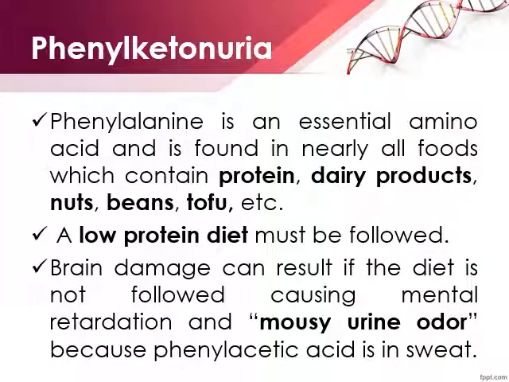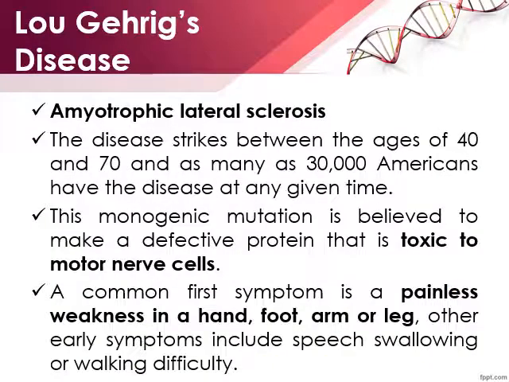Phenylalanine is an essential amino acid and is found in nearly all foods which contain protein: dairy products, nuts, beans, tofu, and the like. Then a low protein diet must be followed, and very remarkable with PKU is the mousy urine odor because of the phenylacetic acid in the sweat.